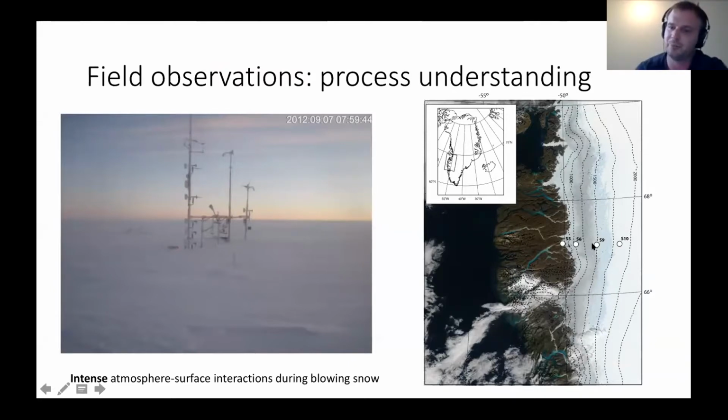On this western part of the ice sheet, we have an array of weather stations. And on this S10 location, which is in the accumulation zone, we installed this blowing snow setup. This setup was measuring all sorts of atmospheric conditions, as well as surface conditions, as well as blowing snow itself on the ice sheet.